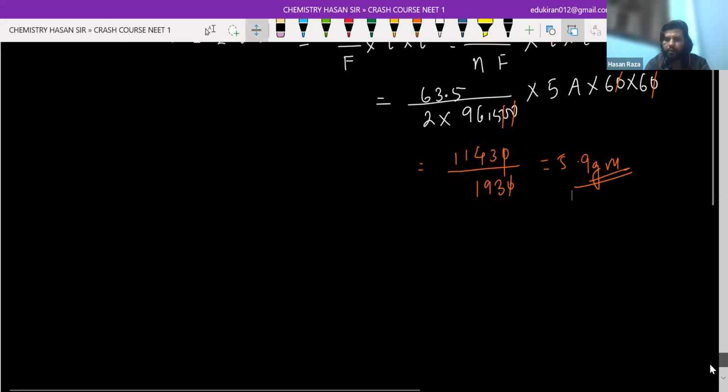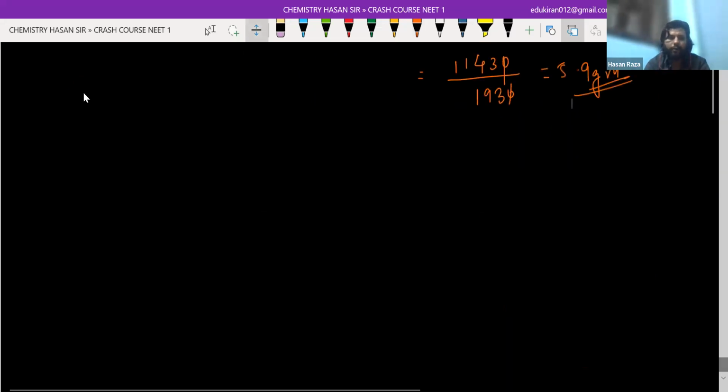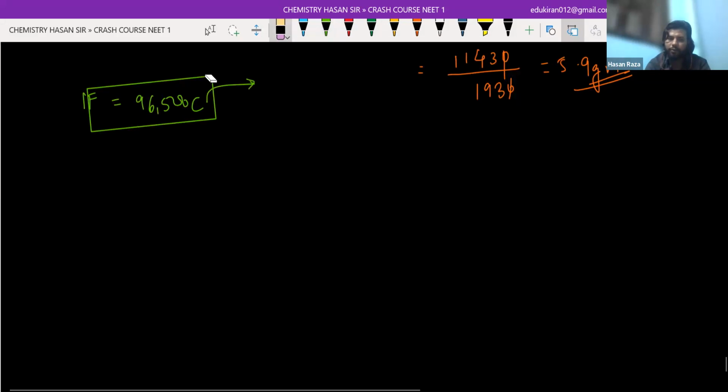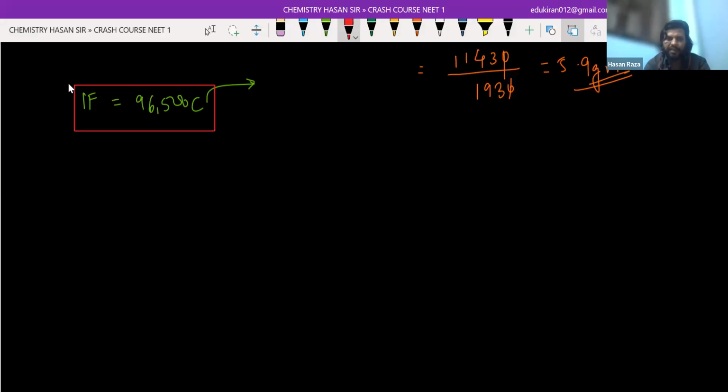Before that, do you know how the value 1 Faraday is equal to 96,500 coulomb comes? Basically, this coulomb shows the value of charge, right? Yes, sir. So how is 1 Faraday equal to 96,500 coulomb?